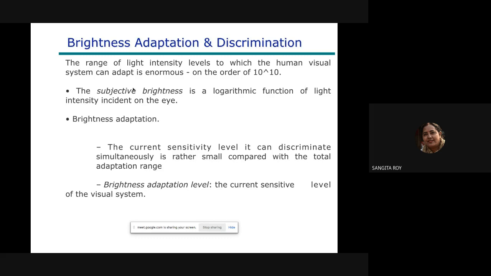Log luminance scale means that if it is a color image, a normal RGB image, then we are not getting the exact intensity of the image. So first we have to convert the RGB image to HSB or YCbCr or any other scale where we can get the luminance channel.